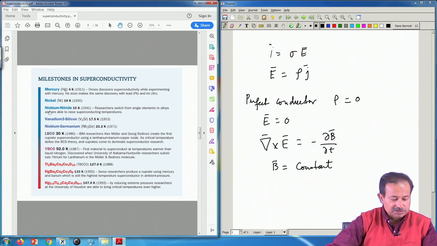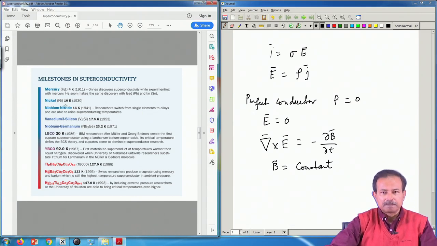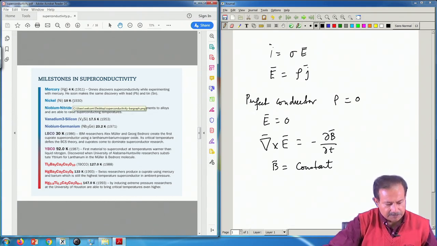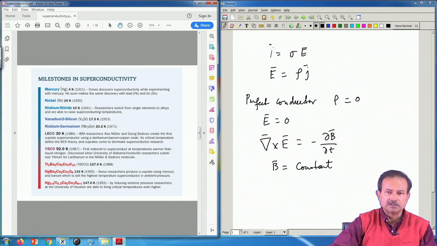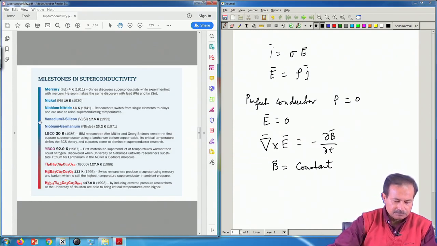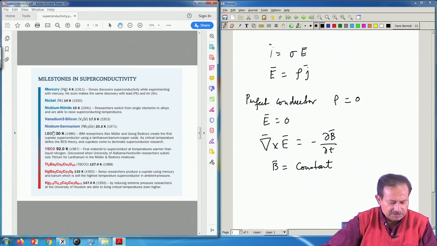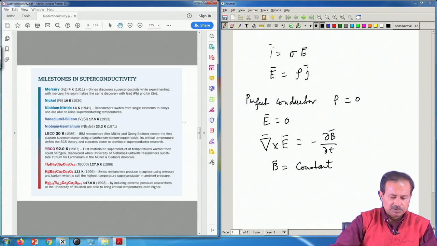These are alloys, which have a fairly high Tc compared to elemental systems like mercury, lead and so on. Then of course there is another landmark, LBCO, lanthanum barium copper oxide. In 1986, Mueller and Bednorz found that this ceramic compound is a superconductor under doping.